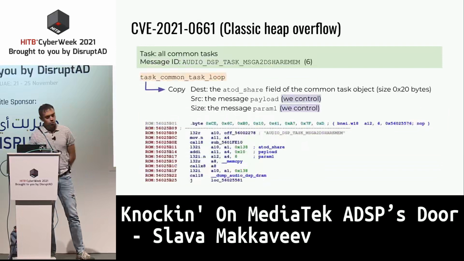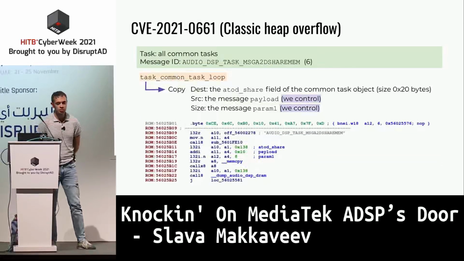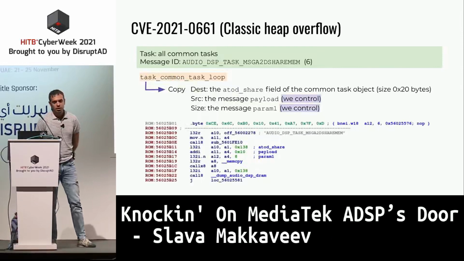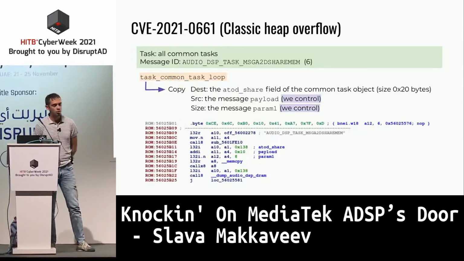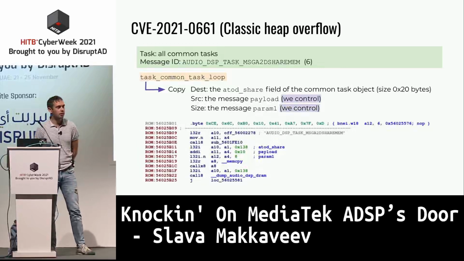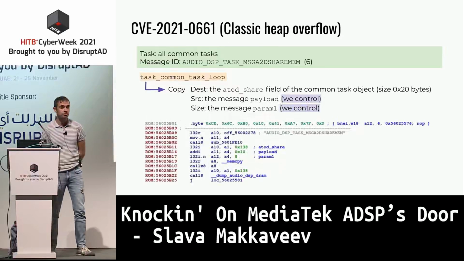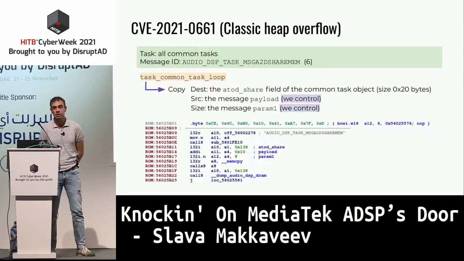I will show you some details about the vulnerabilities. For example, this vulnerability is related to all common tasks. When handling a message with ID 6, the task common task loop function copies the message payload to the A2G share field of a task common object, and the param1 that we control is used as the number of bytes to copy.